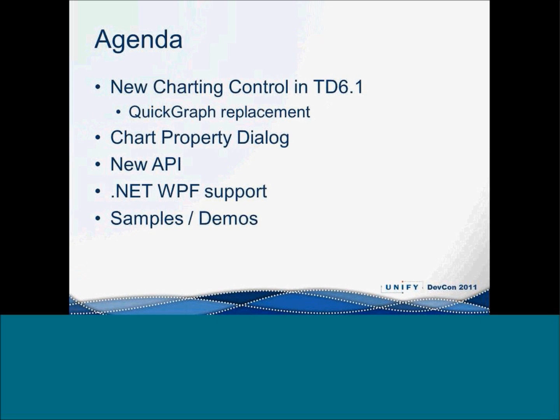We know that a lot of people were using quick graph in the past with Team Developer 4.2 and other versions of Team Developer, and we had to find a way to replace it very smoothly. I want to talk about and show the chart property dialog, and we have, of course, a new API interface to manage all the data and all the settings for the new charting control.